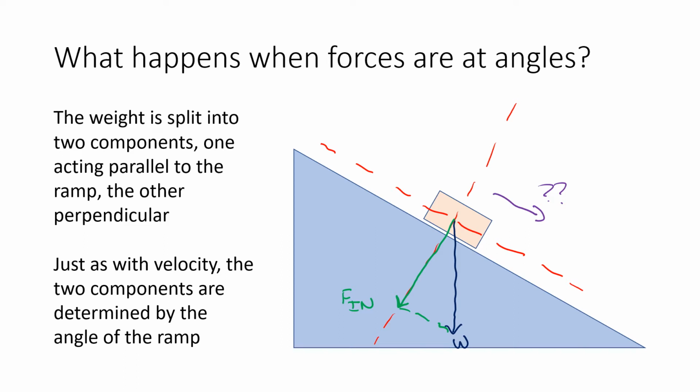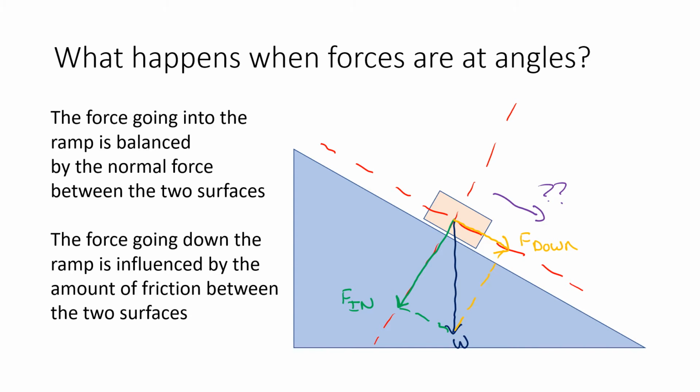The second thing is we can go up to the parallel axis, and we have this orange force here. That is the force driving the block down the ramp. So we have these two components, an F in and an F down, of the weight. They add together to equal the weight, but they're the two things that are going to drive the motion of this object at this angle.